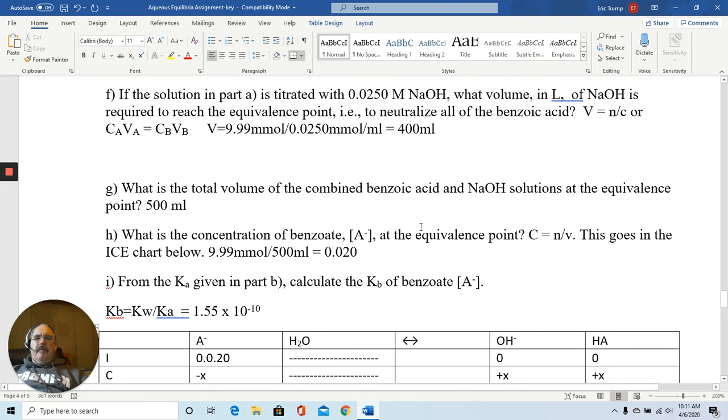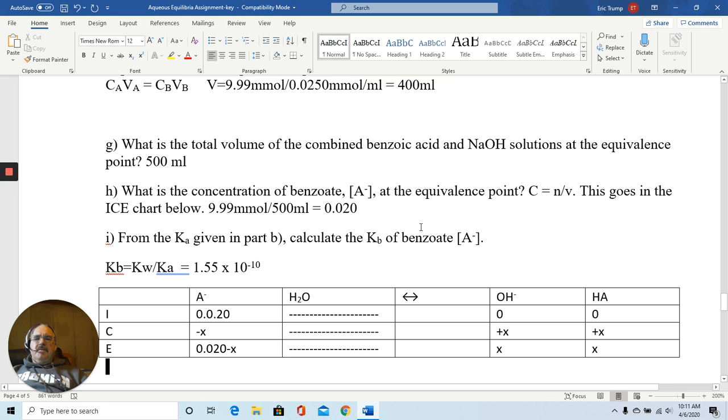So the total volume would be 500 milliliters. That's the 100 that you started with plus the 400 that you added. The concentration of benzoate would be amount divided by the total volume, which is 0.020.